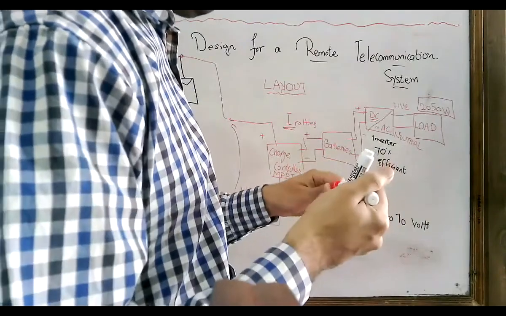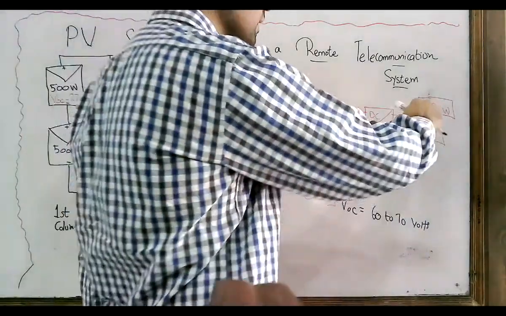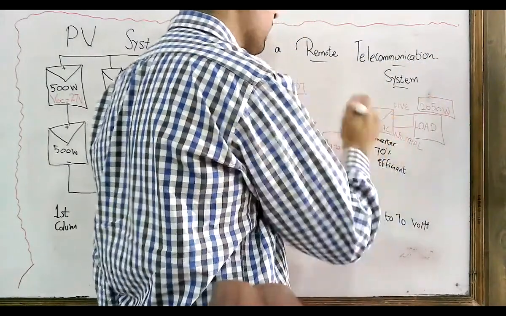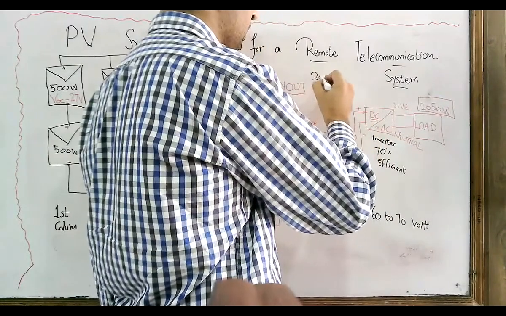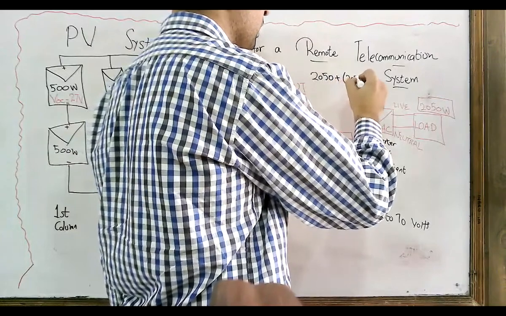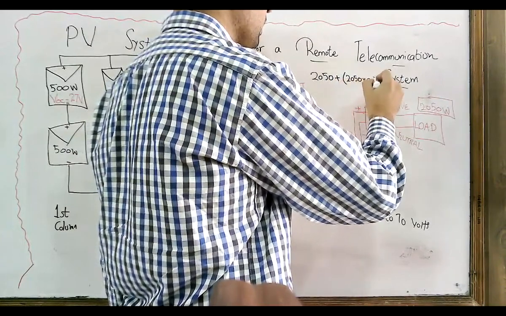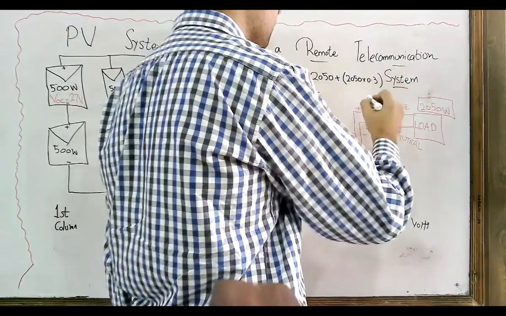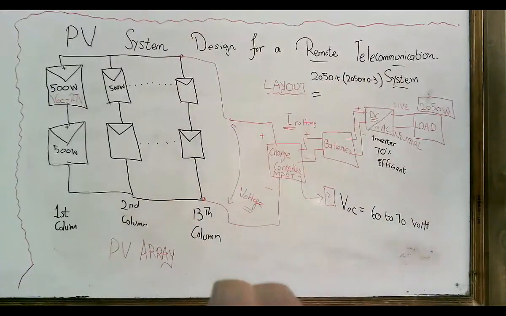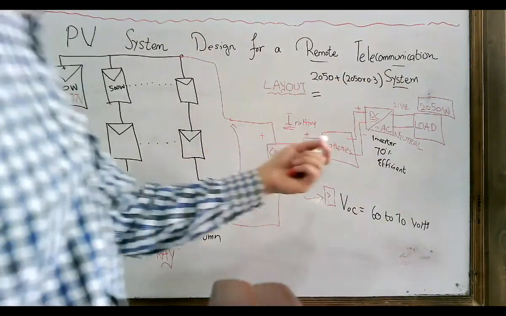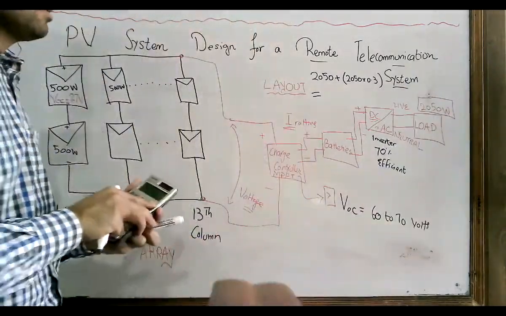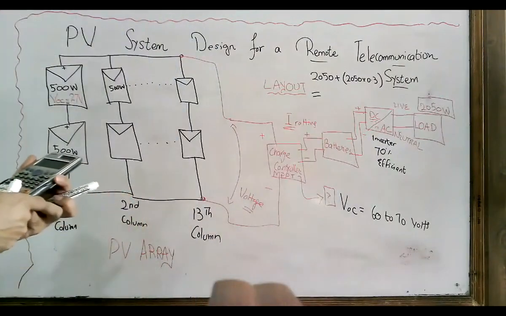Keeping the knowledge of safety factor in mind, you may add 30% to this load. So the rating of the inverter must be 2050 plus 2050 multiplied by 0.3. This must be the rating of your inverter, because 30% is the safety margin. Because when most of our inductive loads start, there is a transient current. Okay, so let's calculate this.